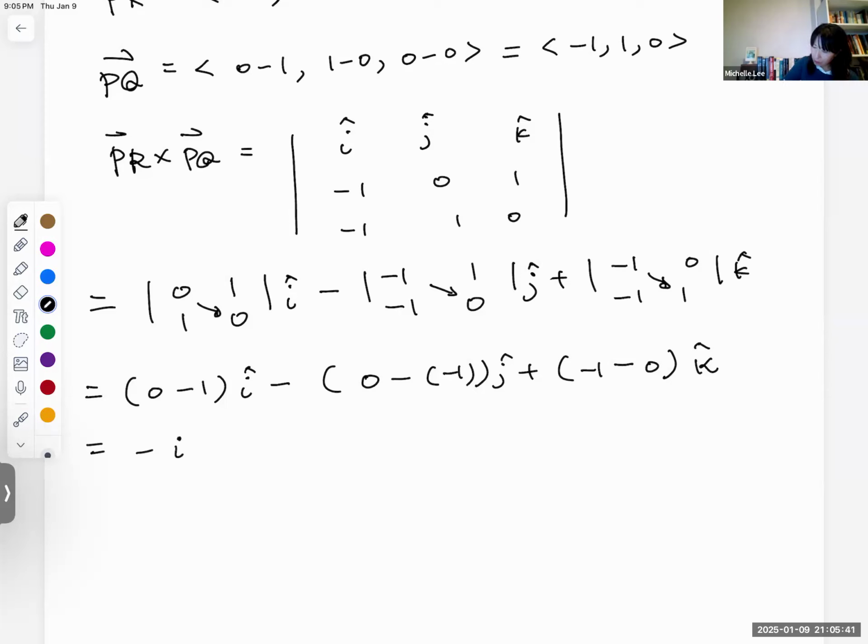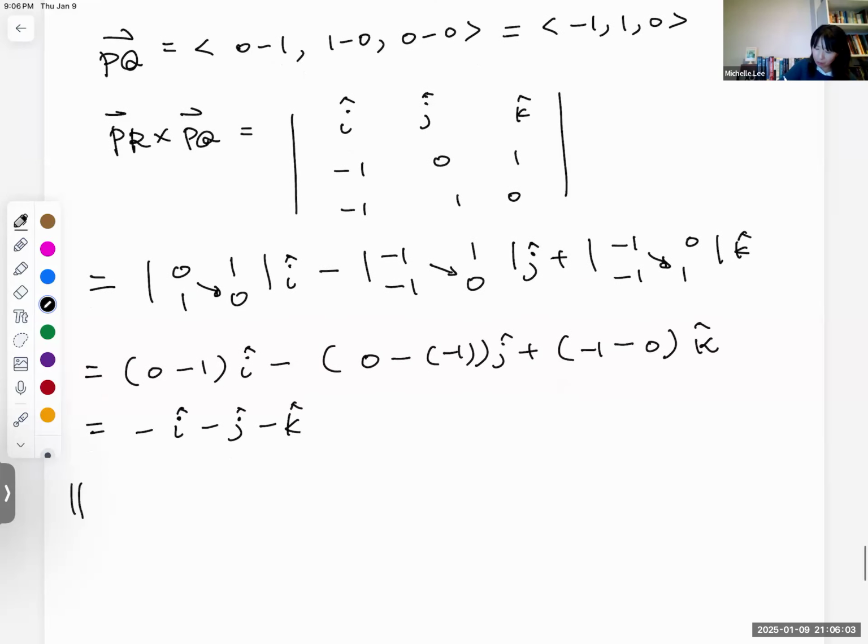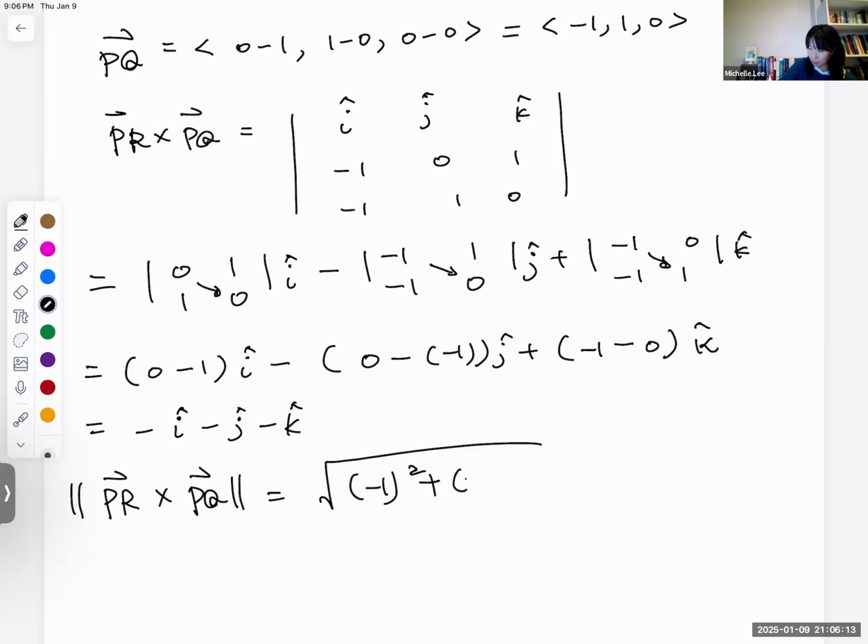So we get negative I minus J, because negative negative is positive, and negative K. Don't worry, we're going to take a magnitude. So the magnitude of PR cross PQ is negative 1 squared plus negative 1 squared plus negative 1 squared. We get square root of 3.